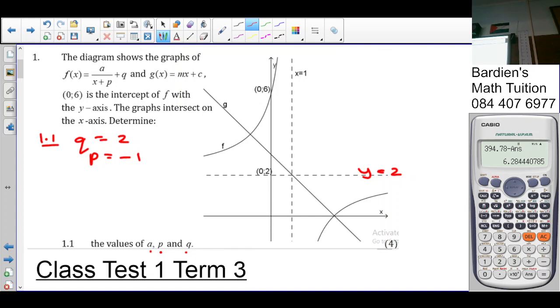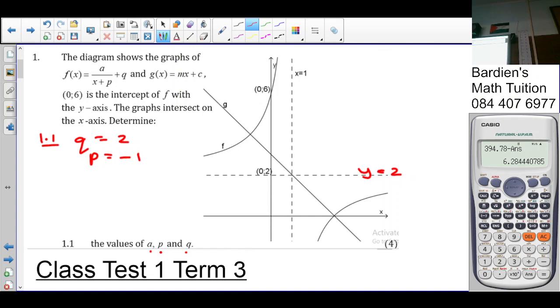Because in the graph x is equal to 1. This is your asymptote. The values for which x can never be equal to. So if x is equal to 1, bring that over the equal sign, it's x minus 1. As you can see here, that's x plus p. So it's going to be x minus 1 in the denominator.